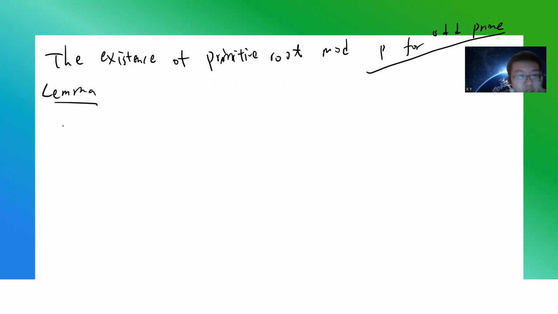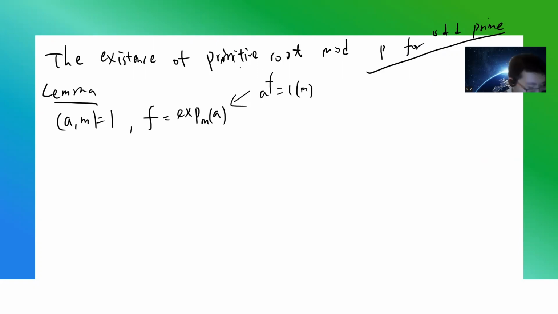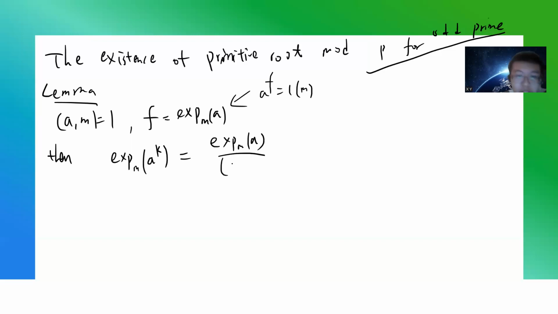This lemma says that if a^f is 1 mod n, and f is the order, so basically the minimum exponent for a is f, then the order of a^k is f divided by gcd(k, f).